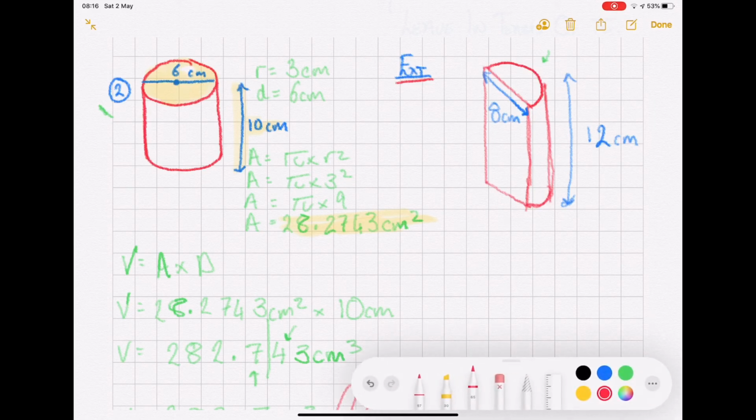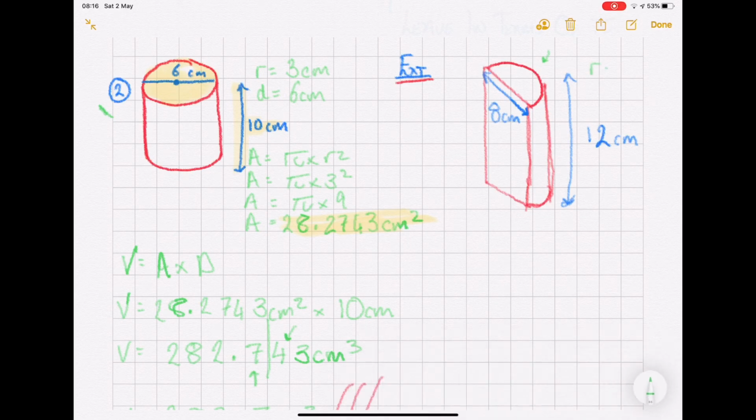So first things first, radius, diameter. Our diameter here is 8 centimetres, therefore our radius must be 4 centimetres. So let's work out the area of what a whole circle would be. So area equals pi times by r squared. Area equals pi times by 4 squared. Area equals pi times by 16.